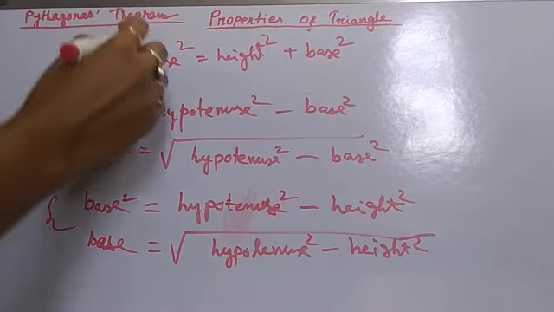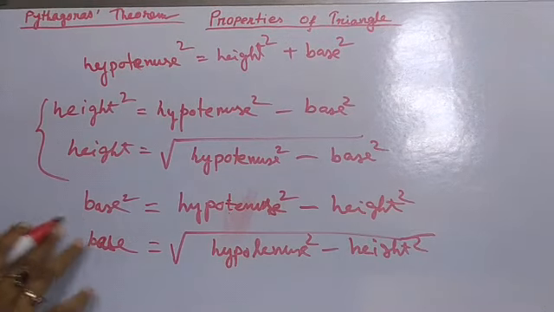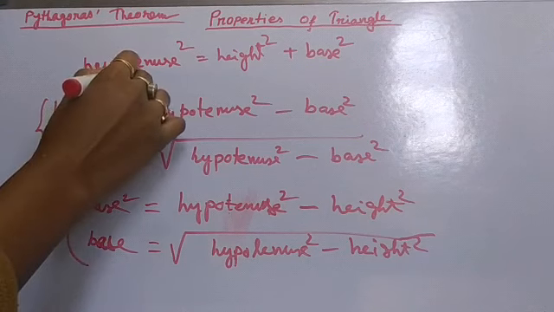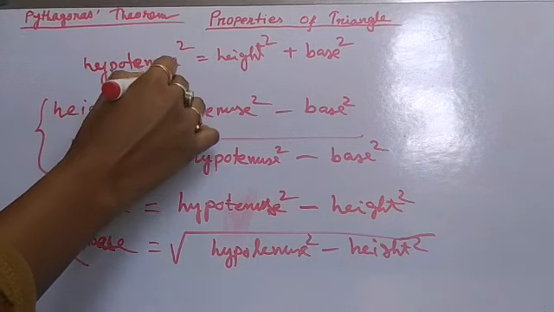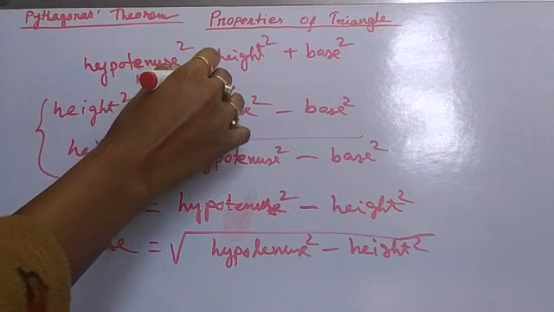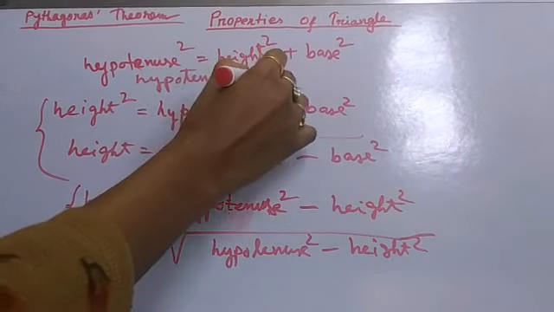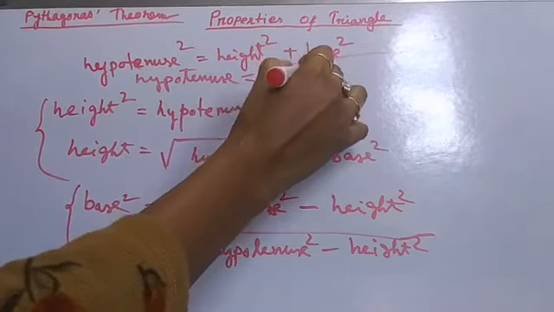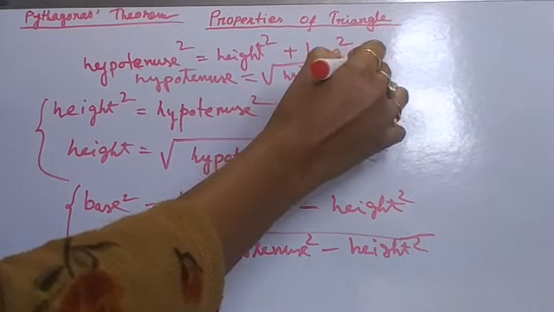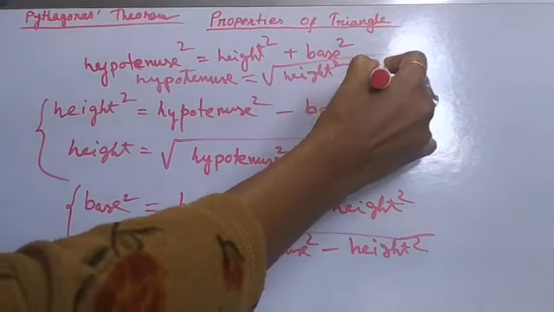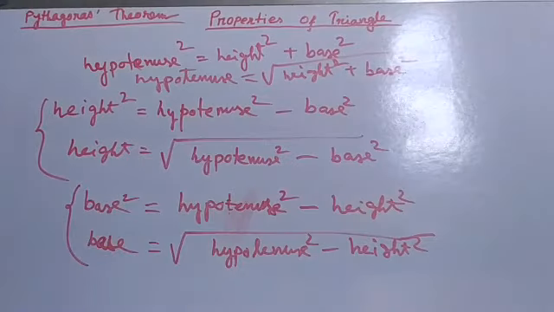Here also hypotenuse equal to root over height square plus base square. So this is the different way to find out the height, base and hypotenuse.